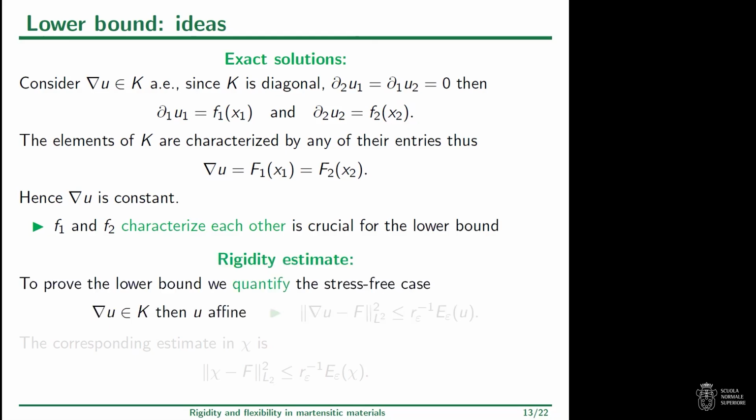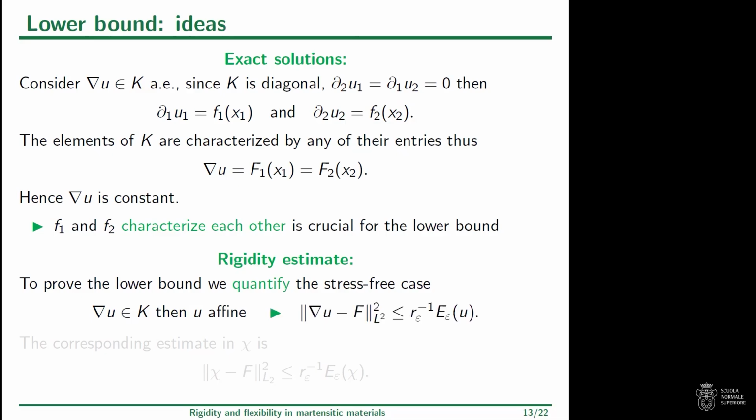So these are the exact solutions, and it is in the same way in which you transfer the Liouville theorem to geometric rigidity. Our strategy to find a lower bound is to translate this into a rigidity estimate. Here we prove that solutions to the differential inclusion are affine.